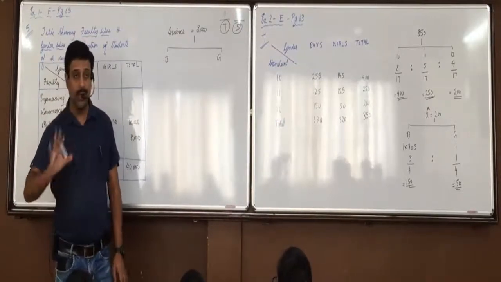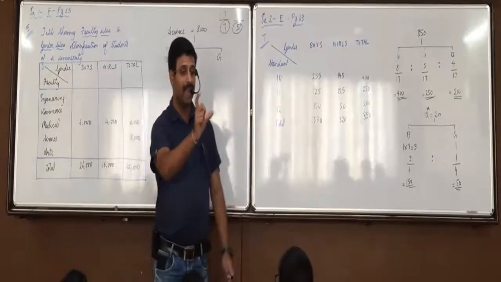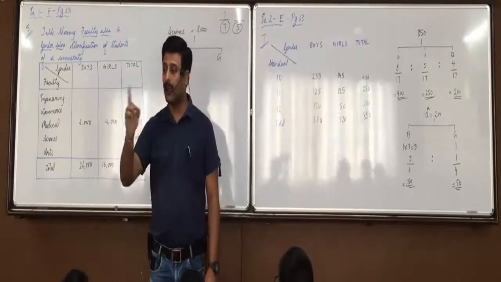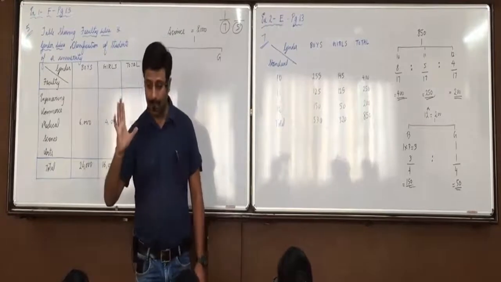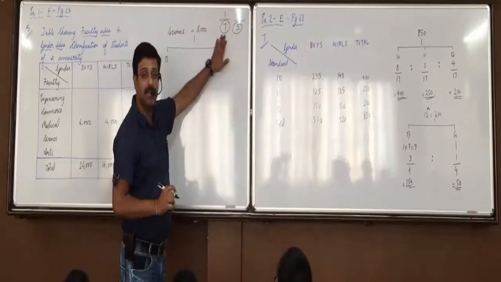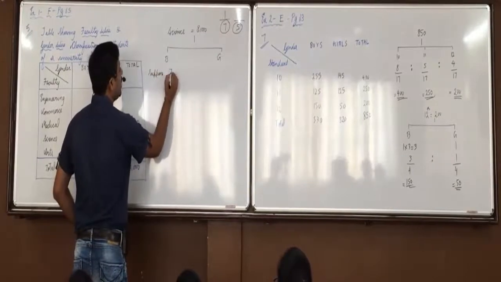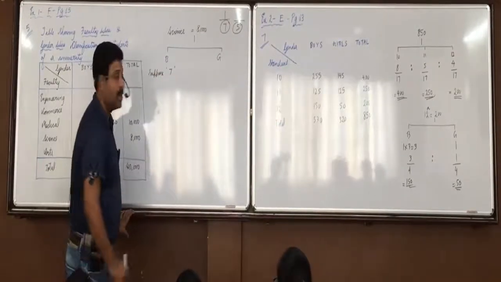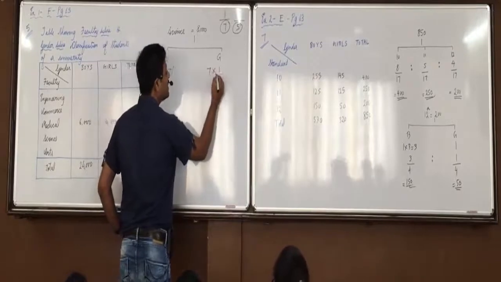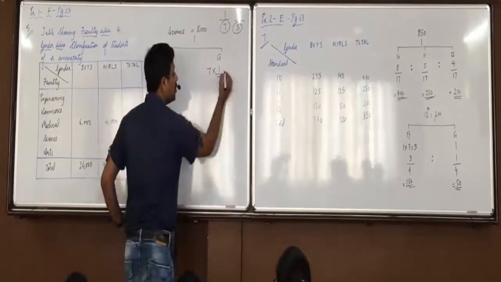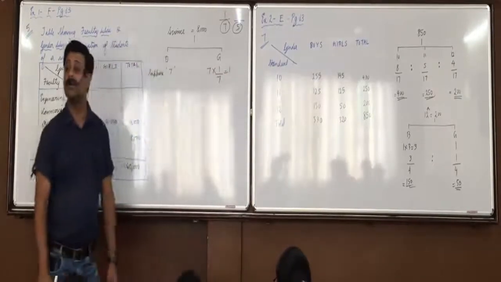Understood this? So first of all, girls are 1/7 of boys. We'll assume for boys. What will we assume for boys? 7. So suppose the number of boys are 7. Now girls are 1/7 of boys. This is the reason we assume 7.